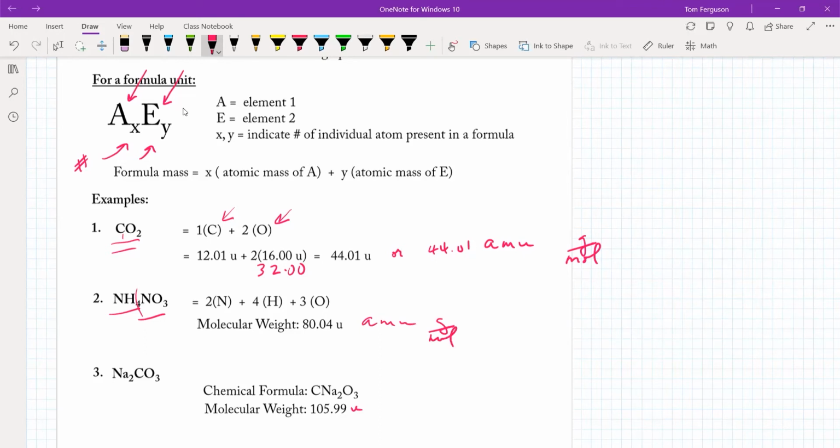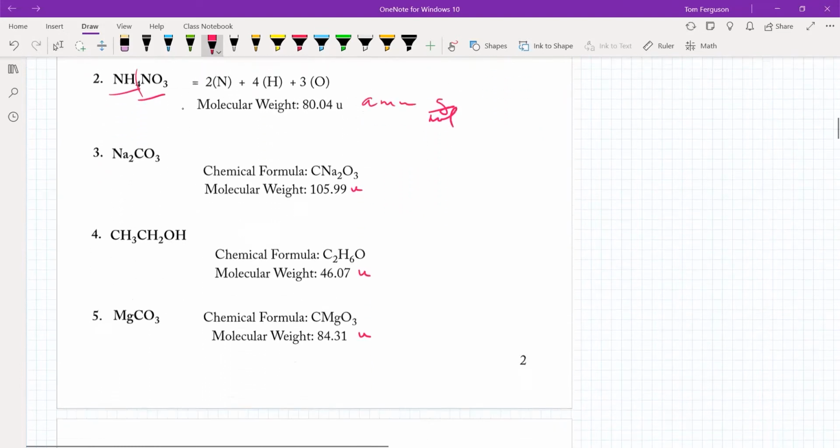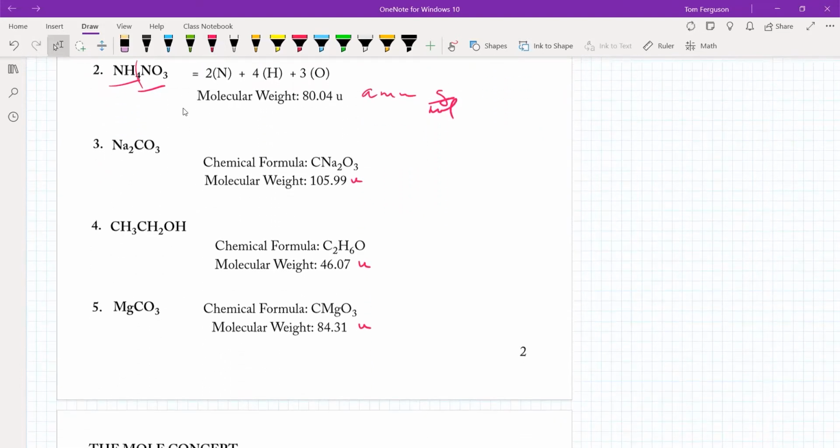AMU, or grams per mole. All we're doing is taking the formula and adding up its constituent parts, the molar mass or atomic mass of its constituent parts.